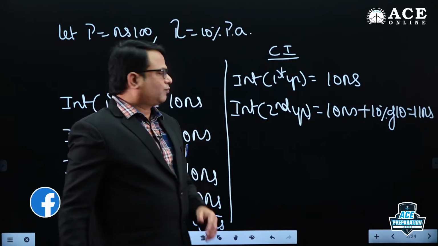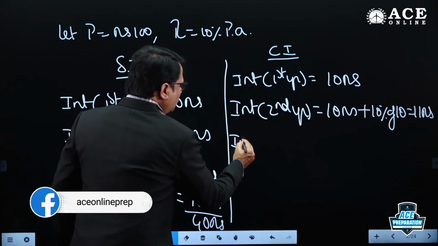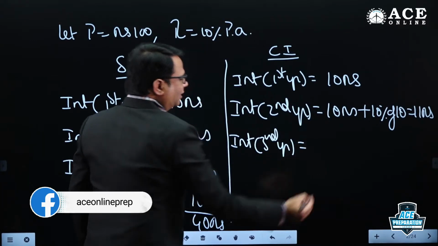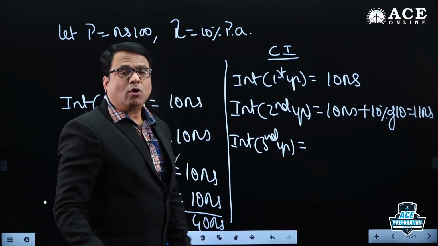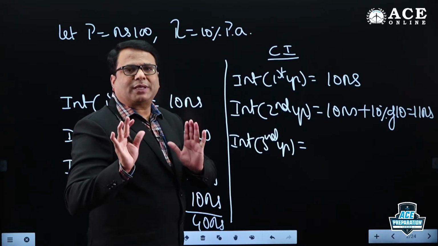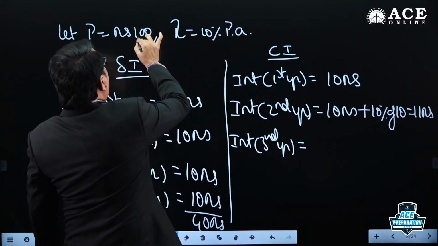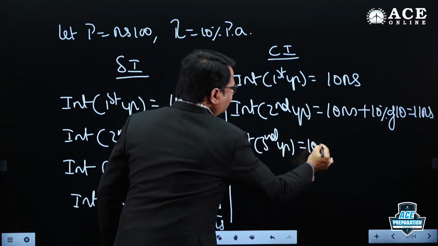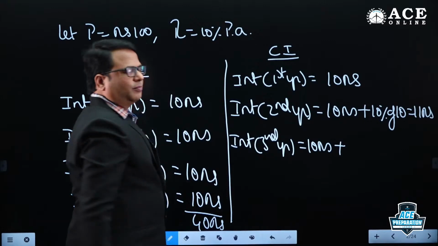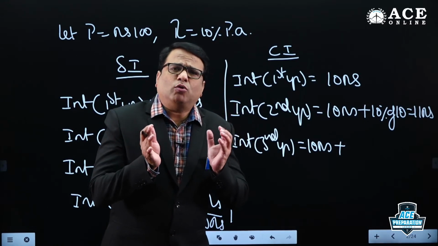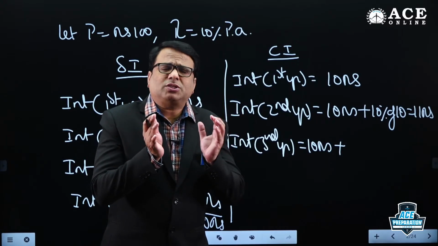Now, what is the interest for third year? How do we calculate interest for third year? Once again, first we calculate interest on principal. So 10% of 100, 10 rupees. Plus, in the first 2 years, how much interest is accumulated?